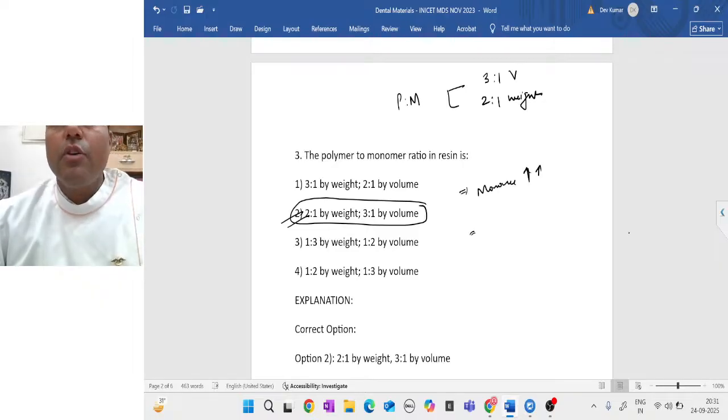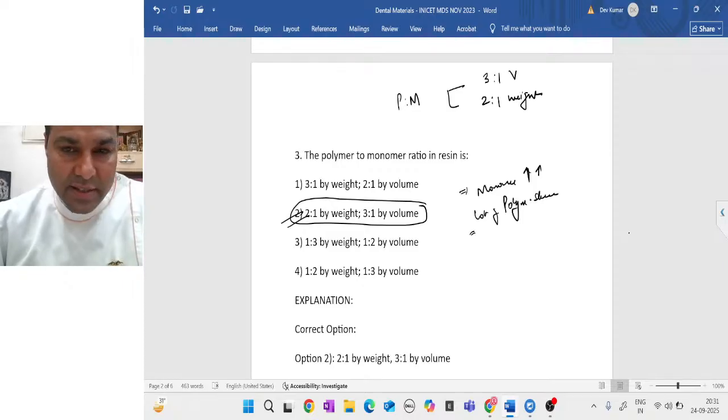Definitely, because monomer is more, it will evaporate more, there will be a lot of polymerization shrinkage. If the residual monomer content is more, then definitely there will be irritation, there will be more shrinkage, the strength will be lesser.